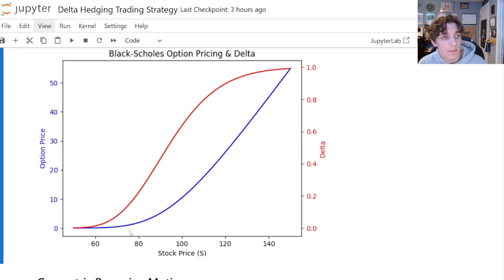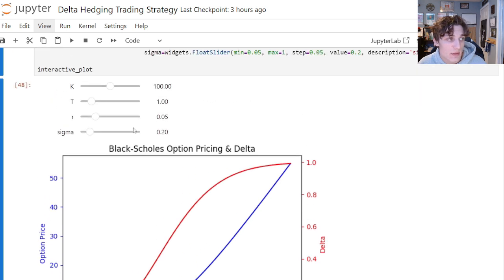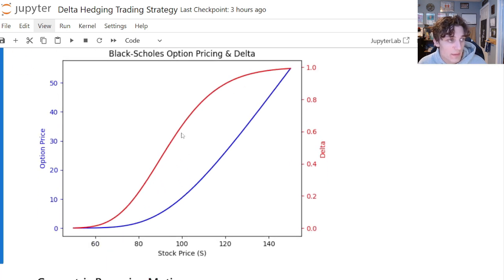Let's look at a quick example of the two interpretations of delta. Suppose I have this option contract, and it currently has an underlying asset price of $100. That means I will pay roughly $10 for this option. The delta of this option, according to these parameters, if we go up to this red line, is roughly 60%, 0.6.